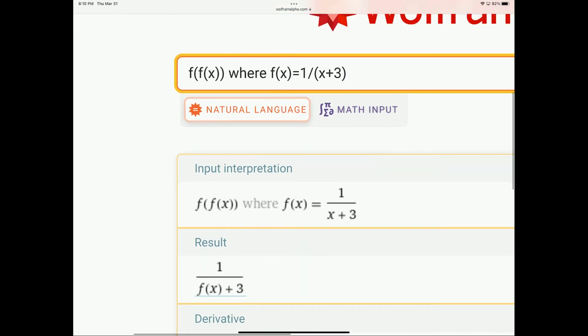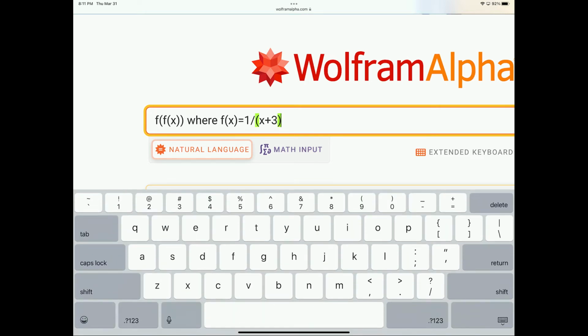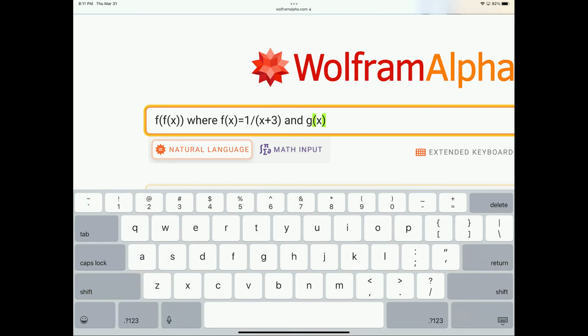So you see it really didn't work the way that I wanted. There's kind of a trick to make it do what you want if you're trying to calculate f of f or g of g. And the trick is, don't write f of f. What you want to do is write an f and a g, just make them the same. So here I typed in f equals 1 over x plus 3 and g equals 1 over x plus 3.